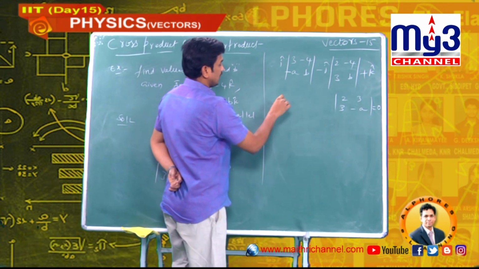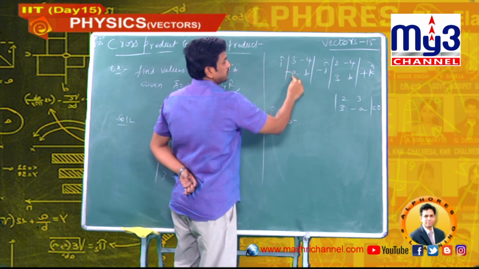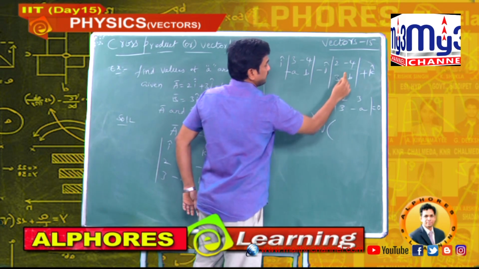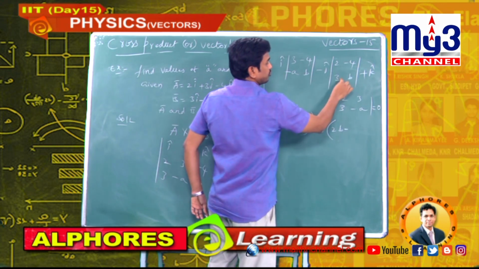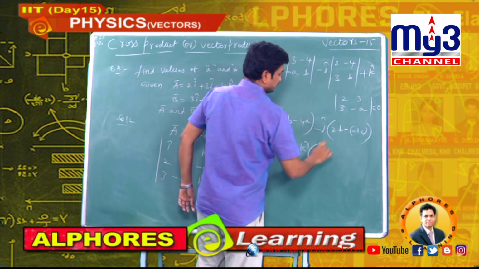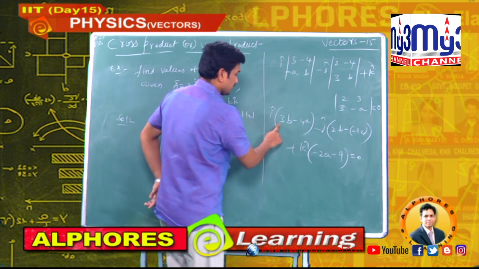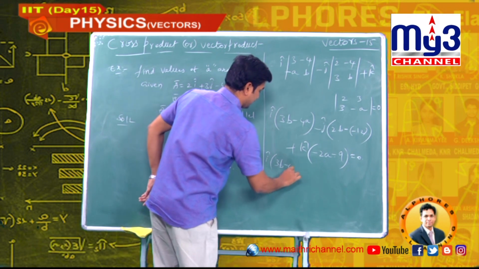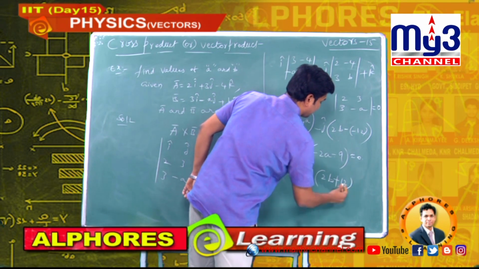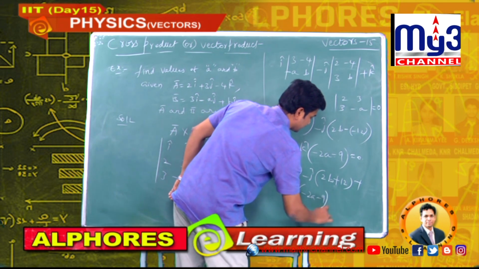Now how to find the determinant of this? i cap times 3b minus minus 4 times minus a, which is 3b minus 4a; minus j cap times 2 times minus a minus minus 4 times 3, which gives 2b plus 12 with the minus sign outside; plus k cap times 2b minus 3 times 3, which is 2b minus 9, equal to 0.